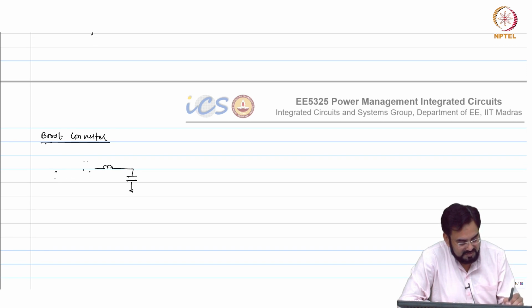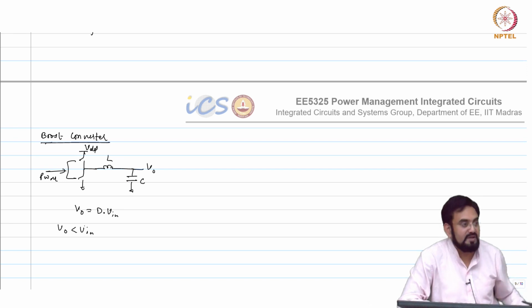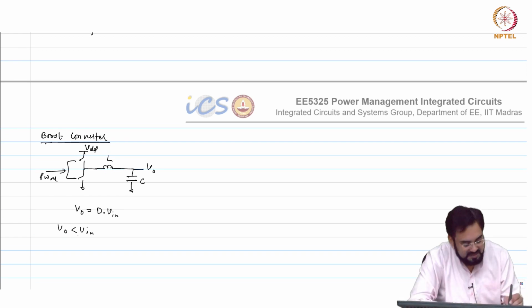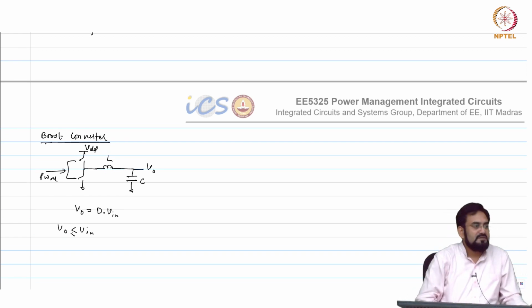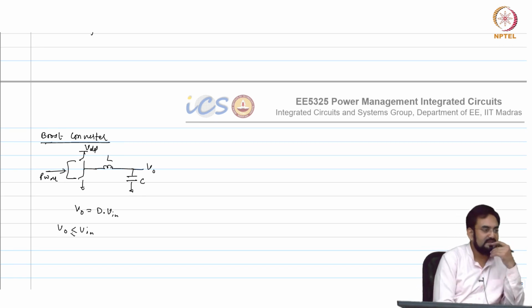Let me draw the switch. Okay, true. V out is always less than 1, or in the best case is maybe equal to V in. So what can I achieve V out greater than V in?